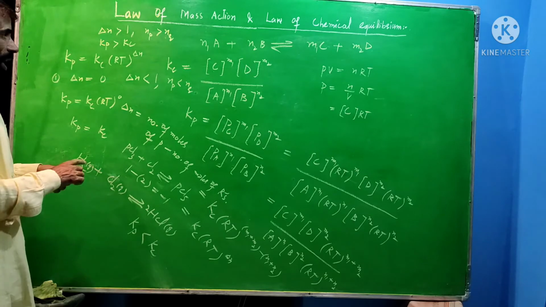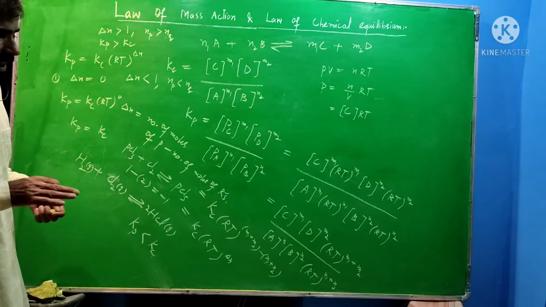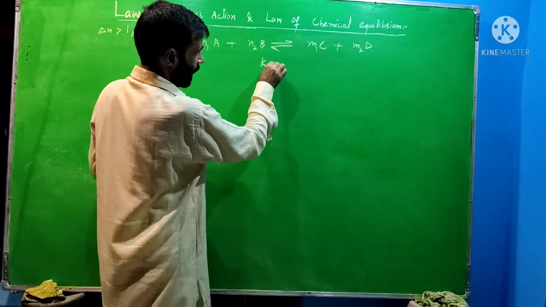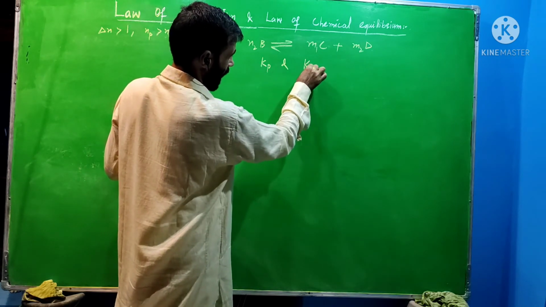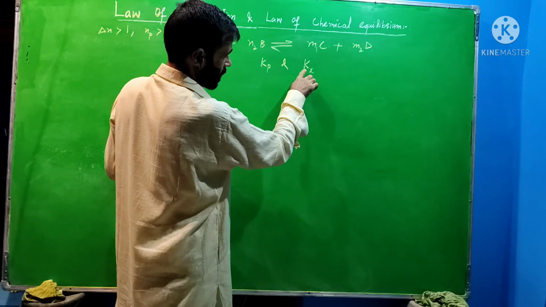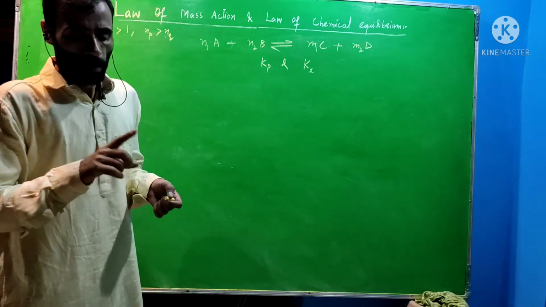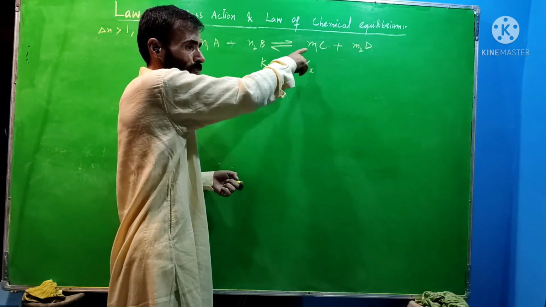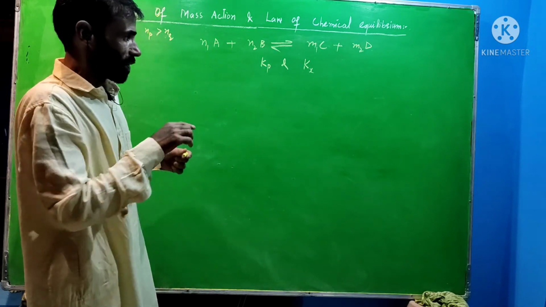So in this way we have related Kp with Kc. Now we will relate Kp and the constant Kx. Kx involves mole fractions of reactants as well as products.